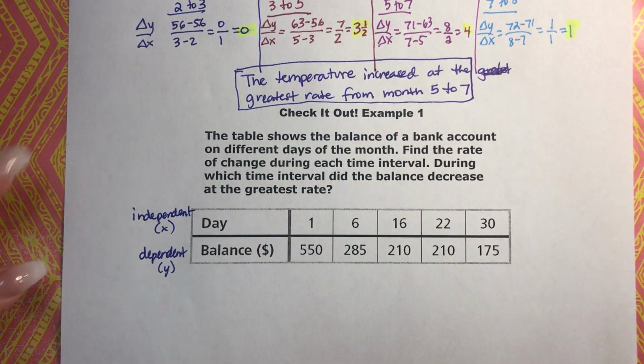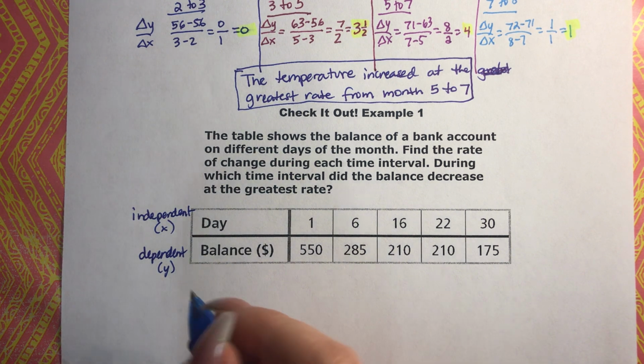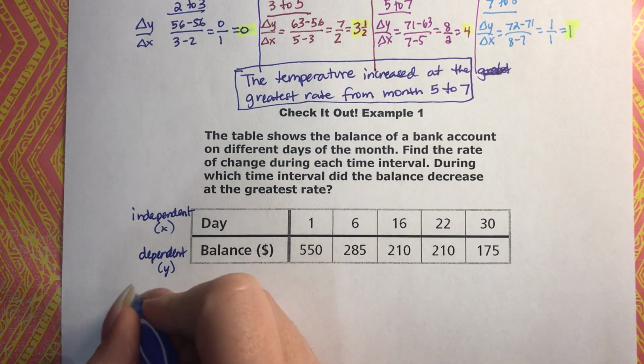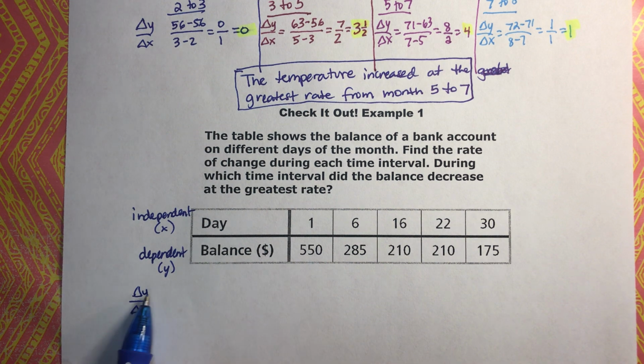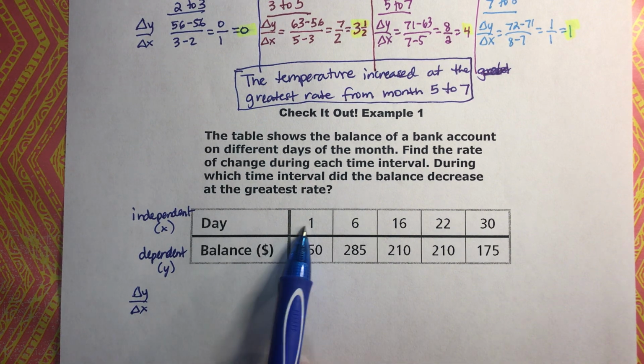It's really important that you distinguish between what's y and what's x, because that determines what goes on top of the fraction and what goes on the bottom. The rate of change is the change in y over change in x, so you have to make sure you're putting the right numbers on top and the right numbers on the bottom.